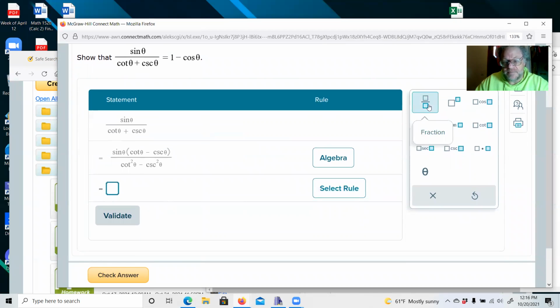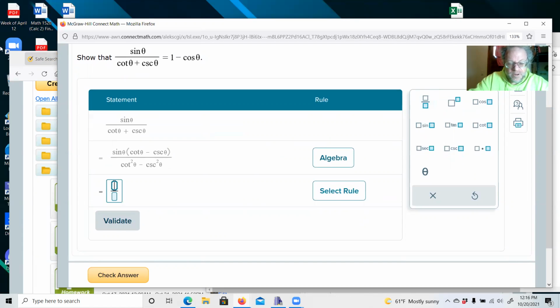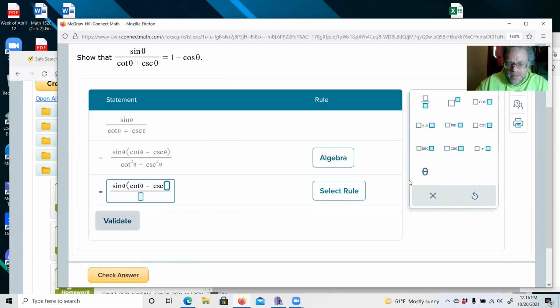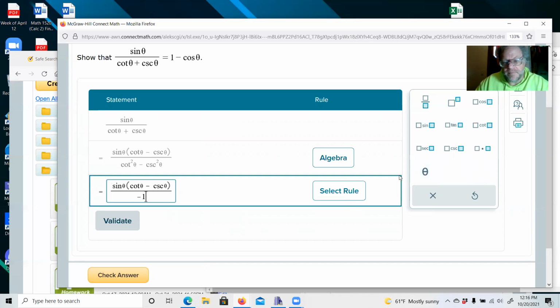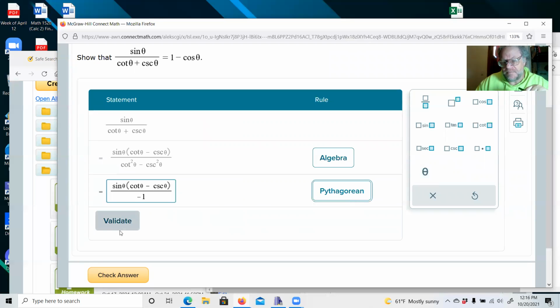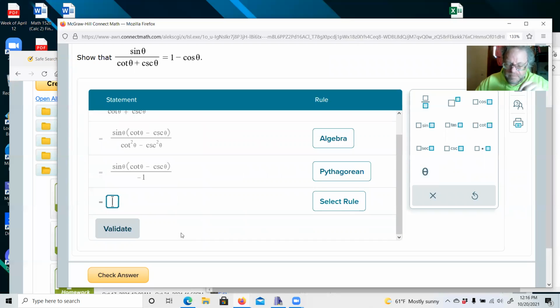So we need a fraction, and we're going to have sine theta, parentheses, cotangent theta minus cosecant theta, all divided by -1. The rule that we're dealing with here is the Pythagorean identity.